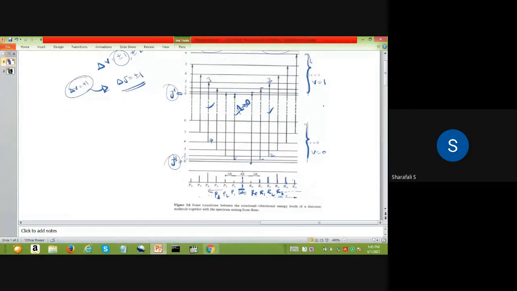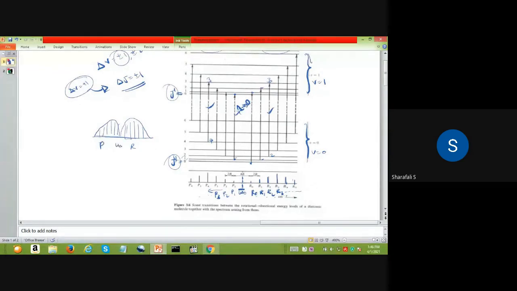So this is the spectra corresponding to this vibrating rotator. In this spectra, we have 2 branches, one is P and the other one is R. If you are looking at this spectra, you will have something like this. Here also we will have different lines like this. So this branch consists of these R lines, and this branch consists of those P lines.